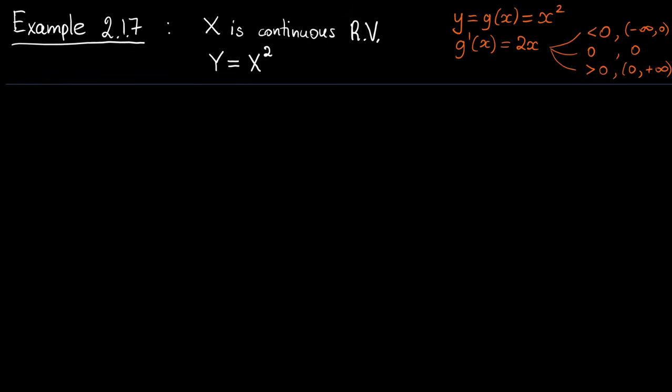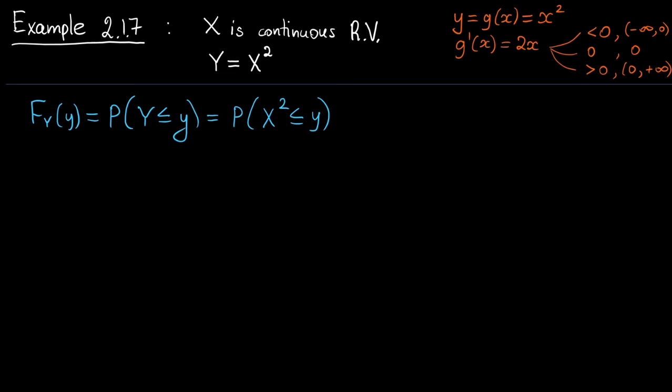To start with, things won't change that much. We will try to derive the CDF of the random variable y, and we'll write it as always as the probability that the random variable y is less than or equal to lowercase y, and then we'll replace capital Y with its value in terms of x squared, and this is what we get: the probability that the random variable x squared is less than or equal to lowercase y.